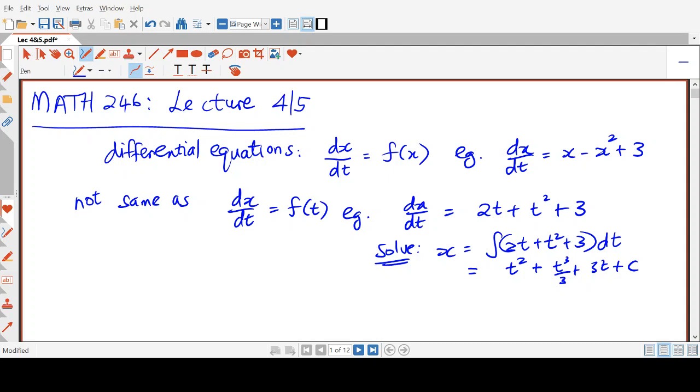But what if you can't solve explicitly for x in terms of t? Then the next best thing is to study the properties of the solution. We can't find the solution, but how about knowing something about the characteristics of the solution? Like in high school when you were discussing quadratic equations, you studied the nature of the roots.